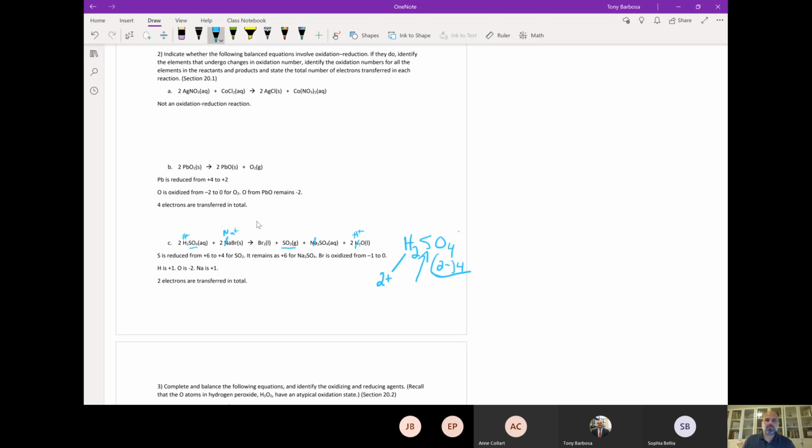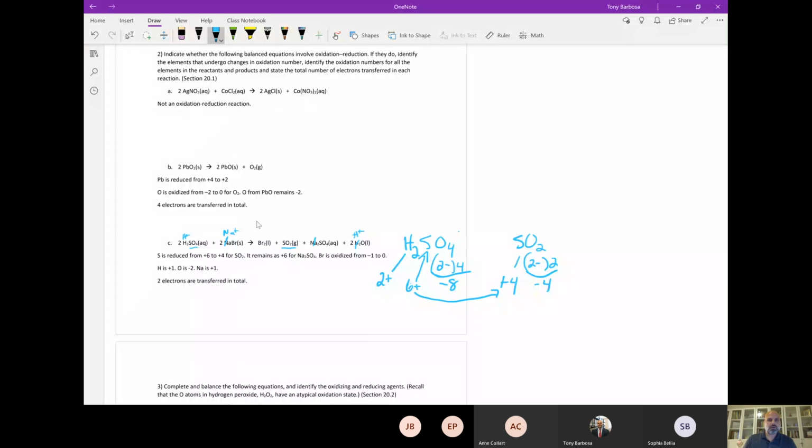So the sulfur has to be worth a 6 plus overall here. Then we look at our SO2: we have 2 negatives times 2, which is overall -4. So this sulfur has to be a +4. Our sulfur is going from +6 to +4.